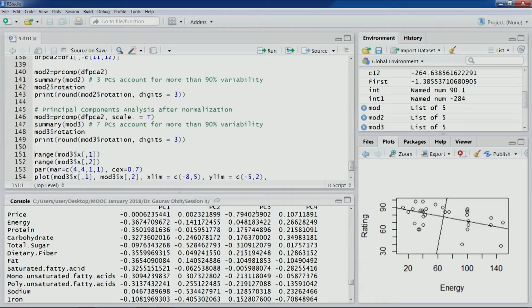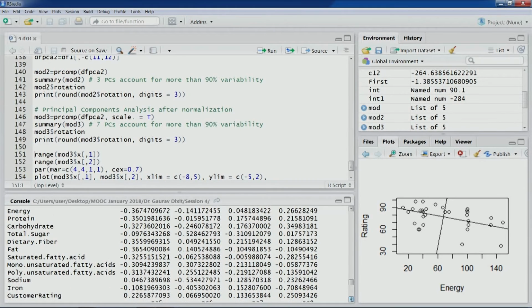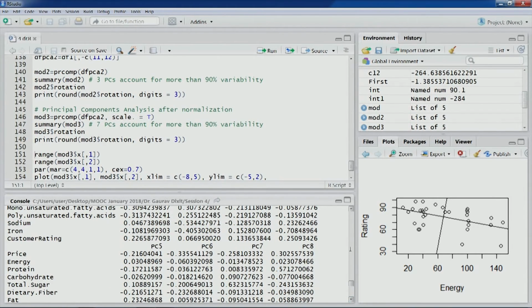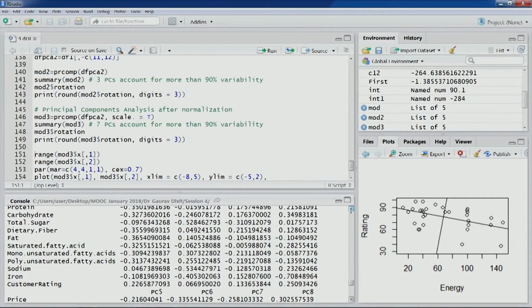PC3 is mainly determined by price. So PC3 could be called price plus, PC2 can be called sugar and sodium, and PC1 we can term as health plus. These could be the new names for these different principal components, these new dimensions. Since we require the first 7 principal components, we will have to do a similar exercise for the other principal components as well.